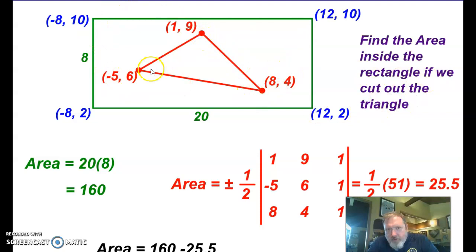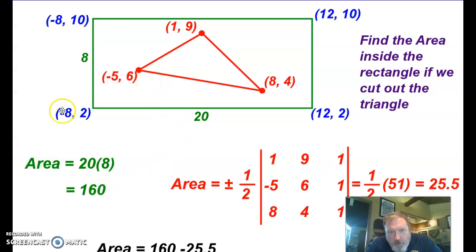So if we cut this piece out, we want to know the area of all of this outside of the triangle. All right, so area of a rectangle, we know how to do that. You can see here that the y values are the same. So from -8 to 12, that's a length of 20. And here the x's are the same. So from 2 to 8 is a length of 6. So we have a rectangle that's 20 by 8 for an area of 160.